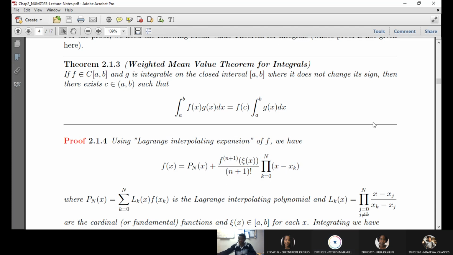So actually, we can write that error term as the product of two functions f and g.